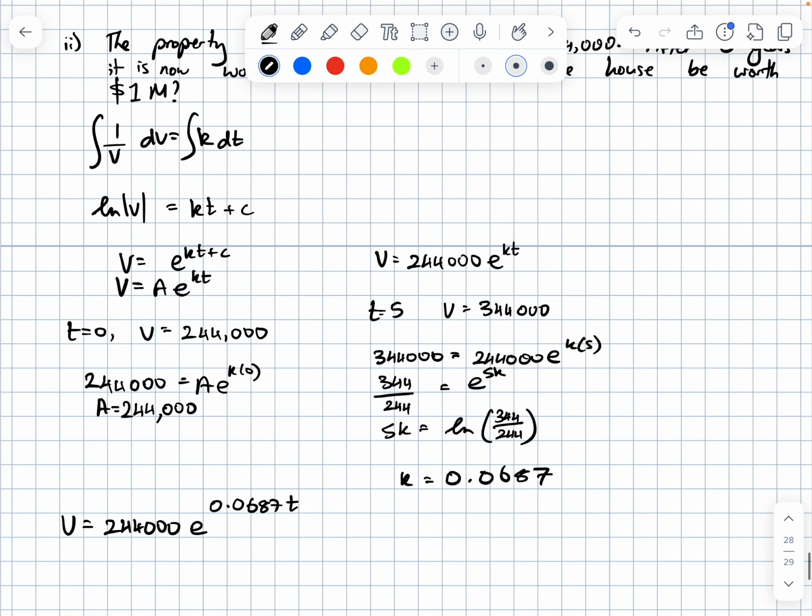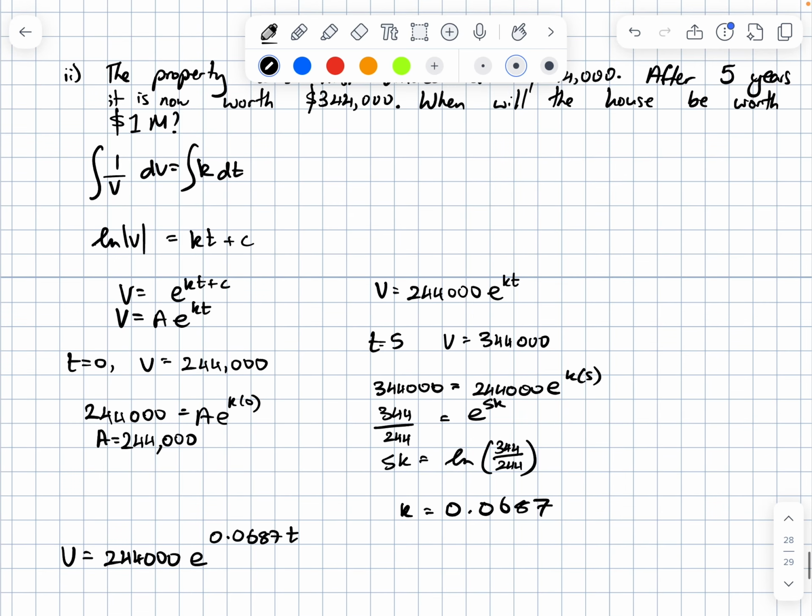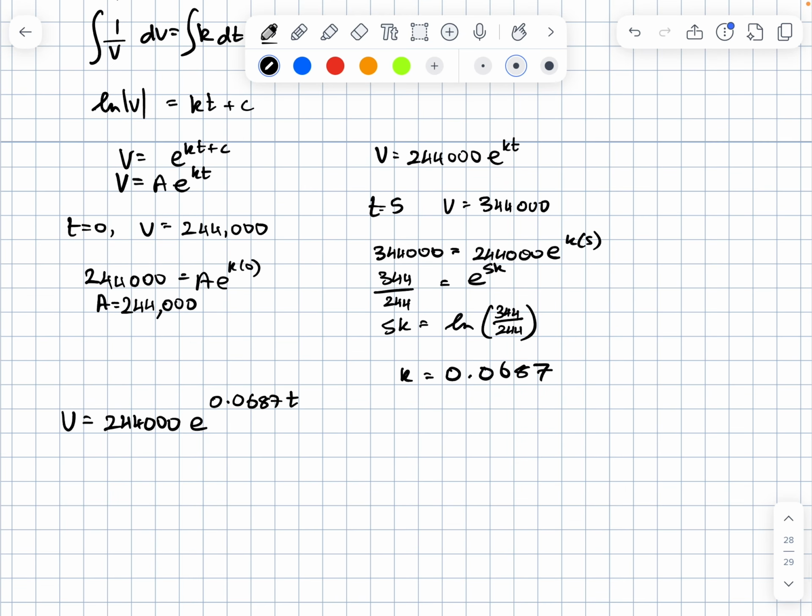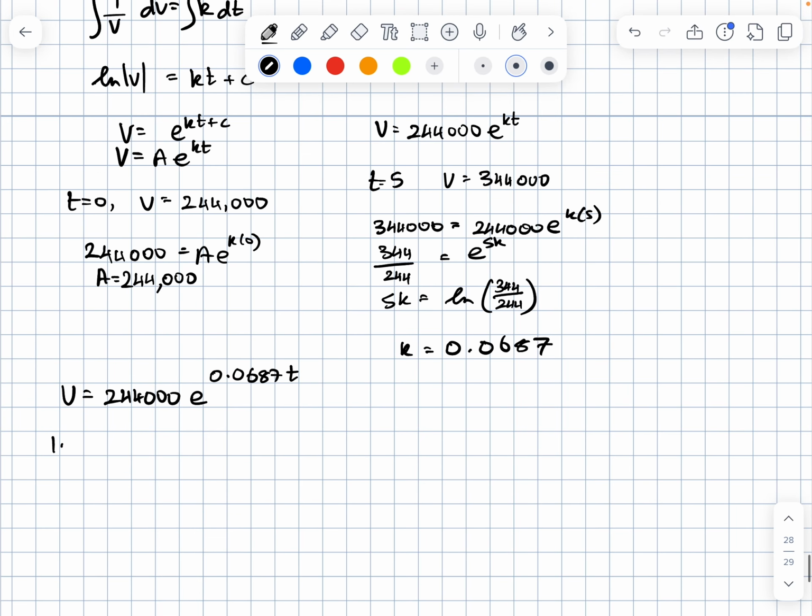Now, if you remember how to save values into your calculator, I would be saving this one into mine just to keep it exact. When is it now valued at 1 million? So we're going to substitute V equals 1 million and solve for t. 1 million equals 244,000 e to the power of 0.0687t.